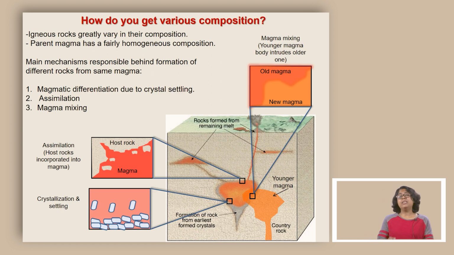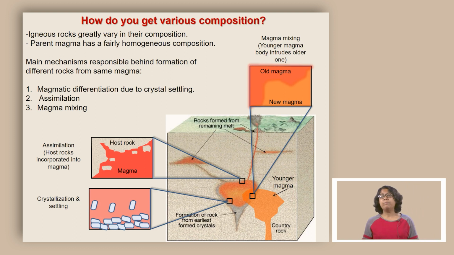We are specifically focusing on the compositional aspect and not the textural aspect. Even if you forget about the textural aspect and simply focus on composition, we find a very high variety of igneous rocks on the surface of the earth.